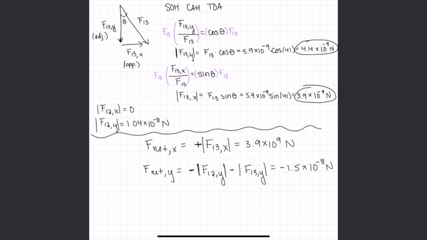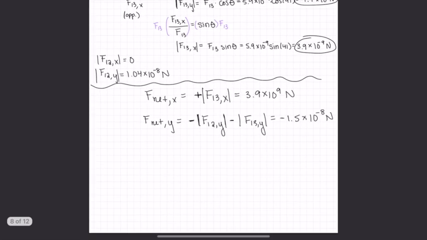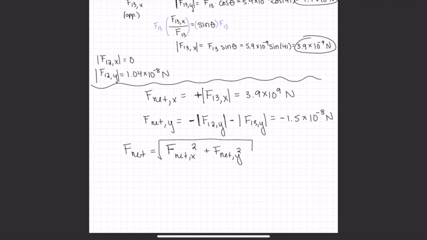And then lastly, now that we have the net x component and the net y component, we can combine those to get our magnitude. So our F net will be the square root of F net x squared plus F net y squared. We can put in our values, negative 1.5 times 10 to the negative 8 quantity squared, 3.9 times 10 to the negative 9.